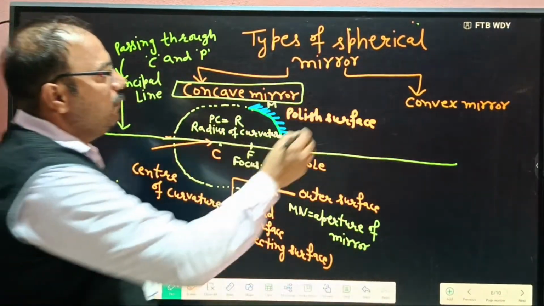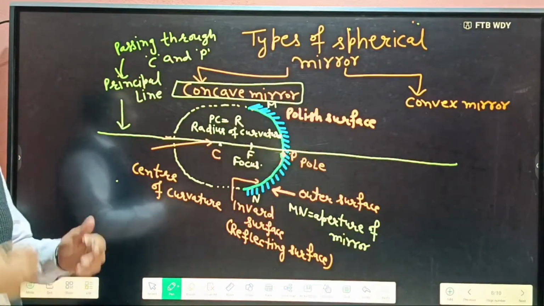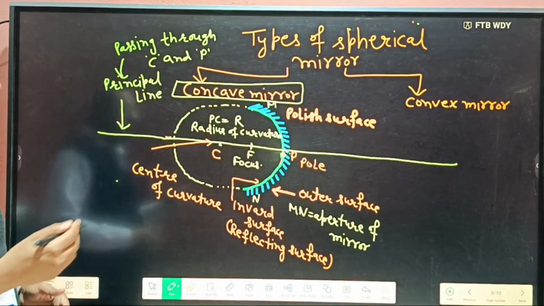And second, if we make the convex mirror, in a convex mirror the outer surface is reflecting and the inner surface is polished.